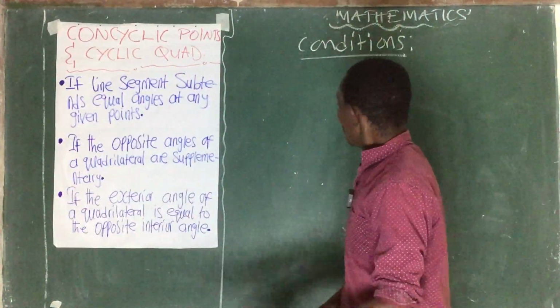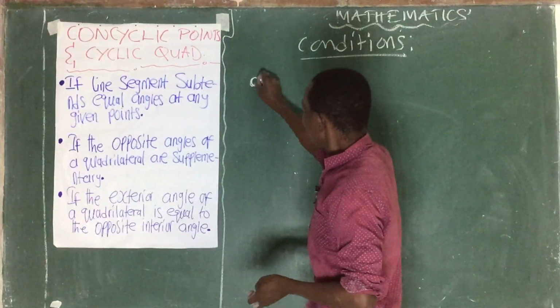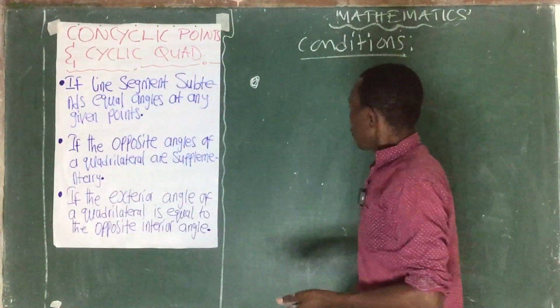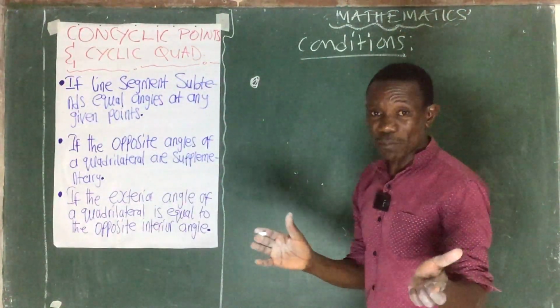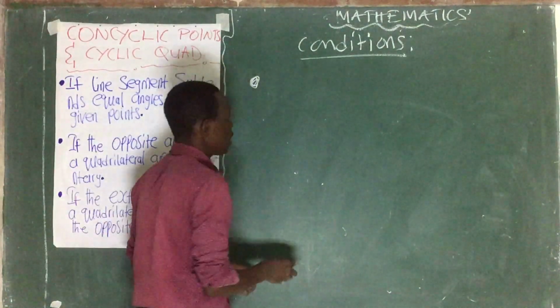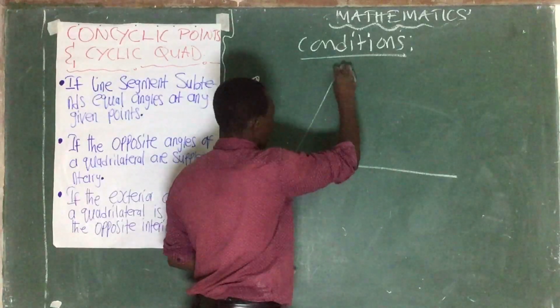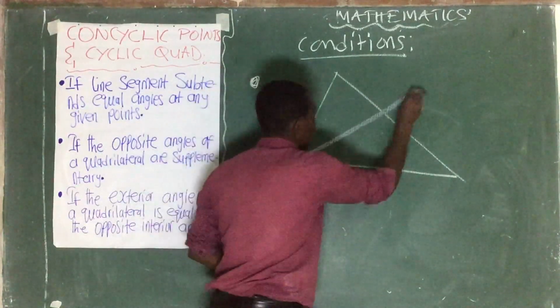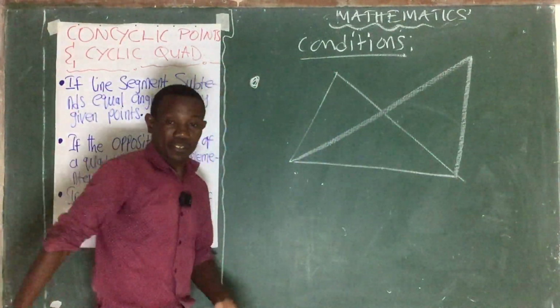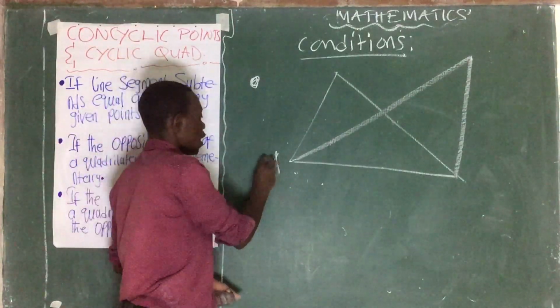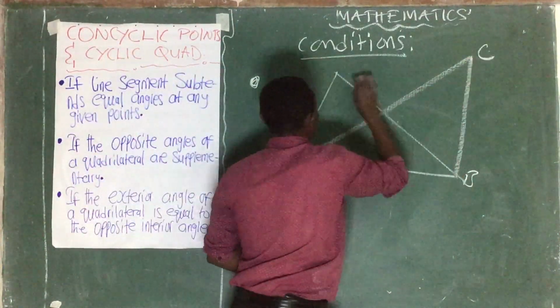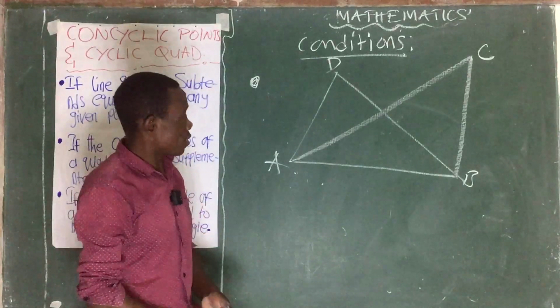Say, for example, for the first part here, you may have a figure, it may be a question, which would be like this. Look at this. It has got A, B, C, D as some of the points.